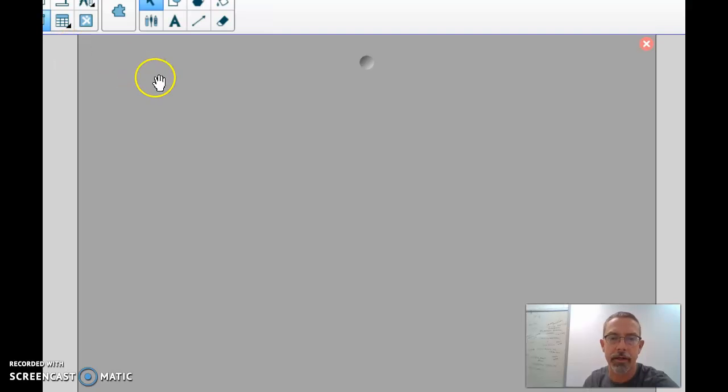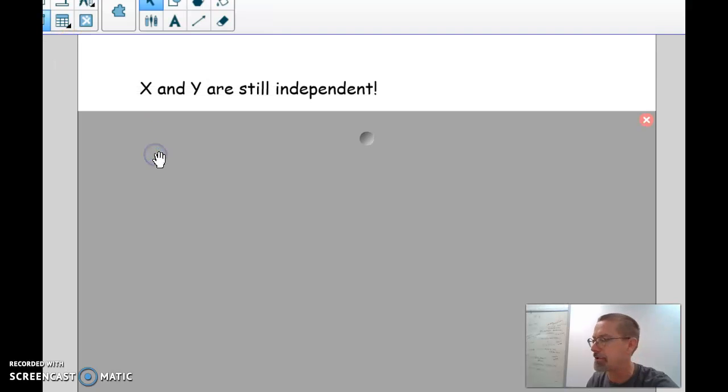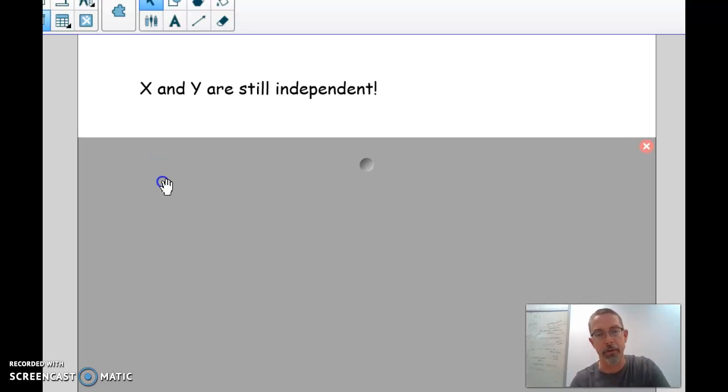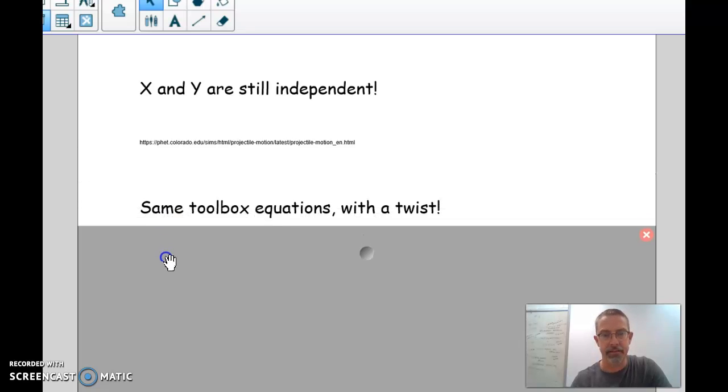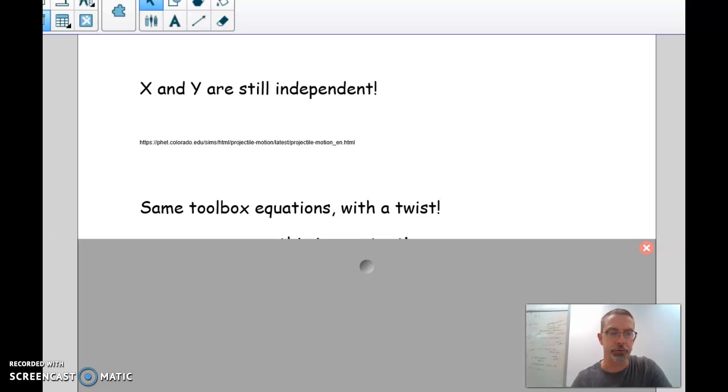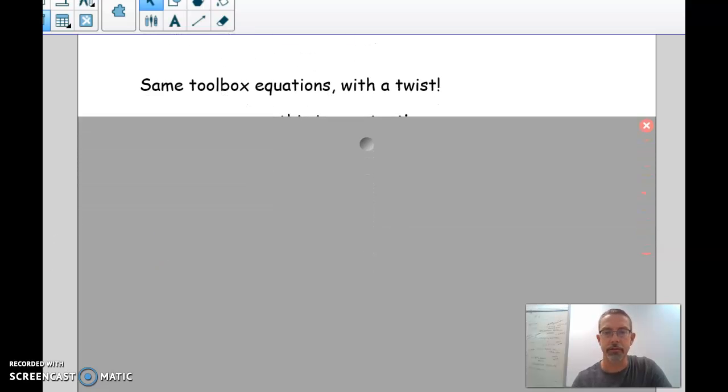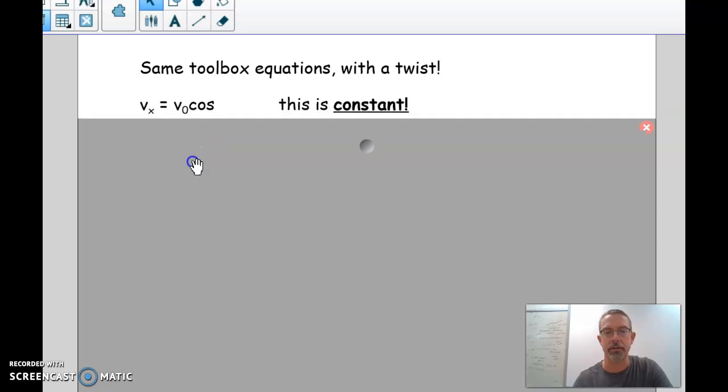So one thing to recognize is that if I launch a projectile at an angle, my x and y components of motion are still going to be independent of one another. Okay, one does not affect the other. So if I have a situation where I've got those old toolbox equations, I can still utilize those toolbox equations.